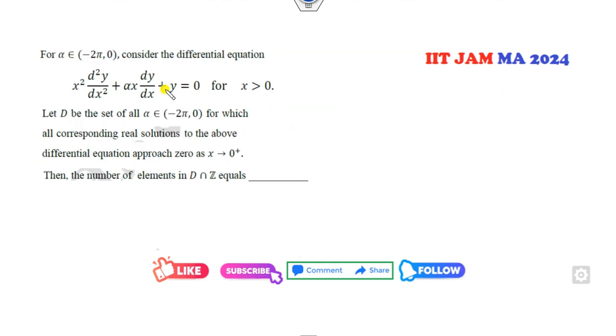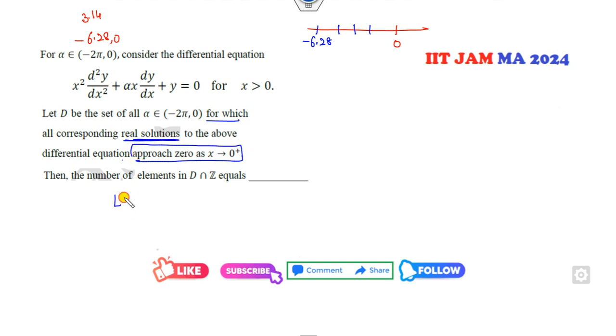Okay, look at this another one. Consider the alpha which is 3.14 into 2, so 6.28, comma 0. It is 6.28 minus 5, 4 and so on, for which all the corresponding real solutions approach 0 as x approaches infinity.